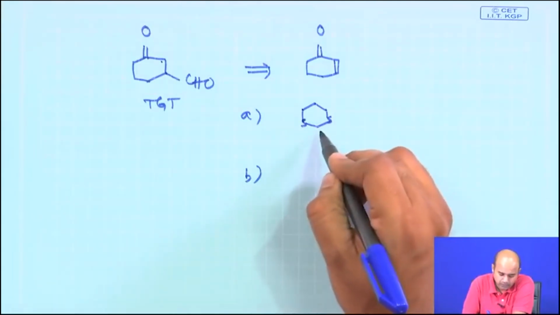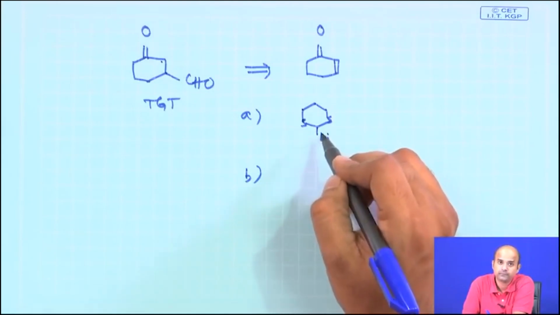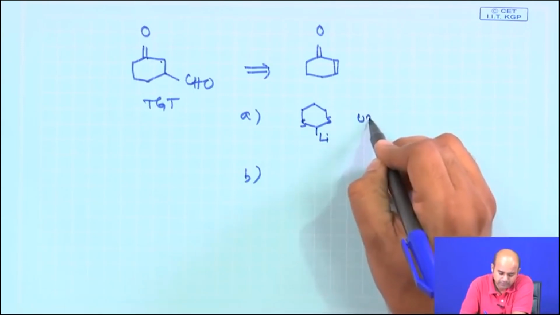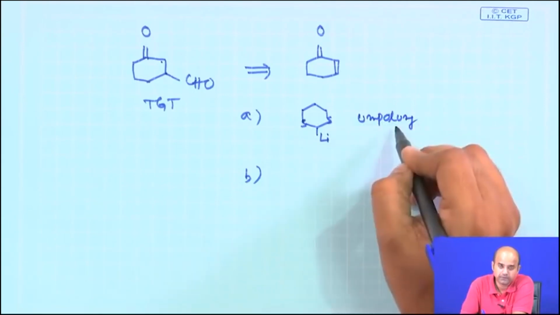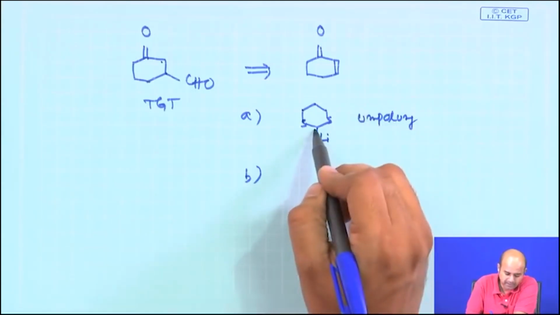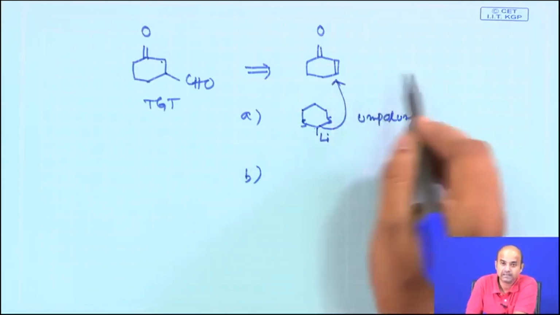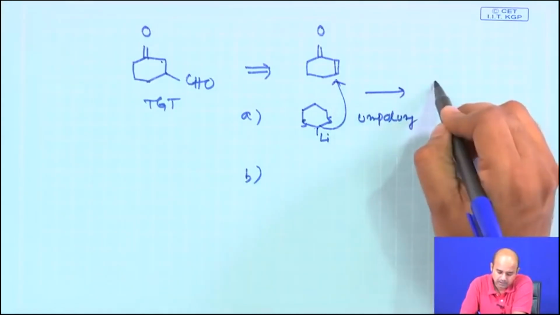So, what you need to do? You basically need to take a monolithiated species as a nucleophile or an umpolung species, then you can react with this in a Michael fashion, and then you can remove the dithiane protection.